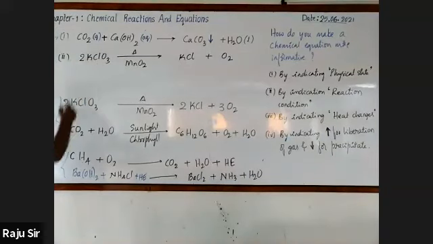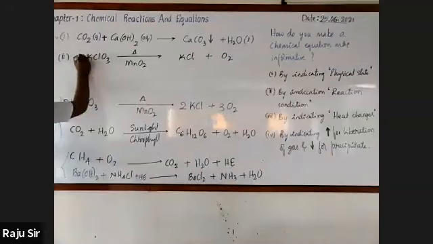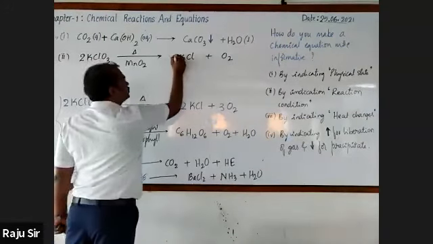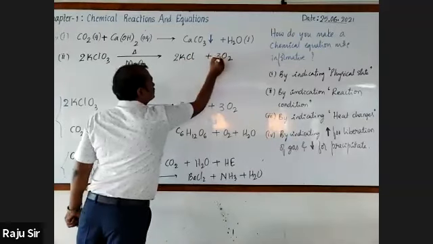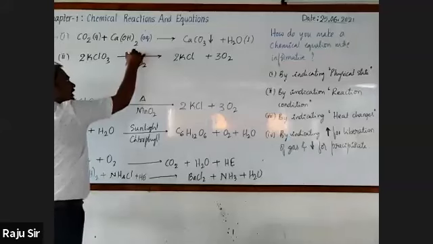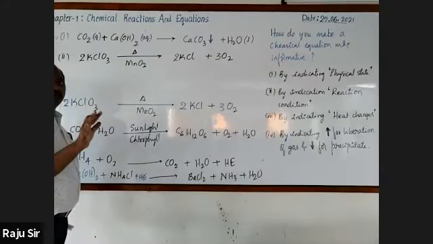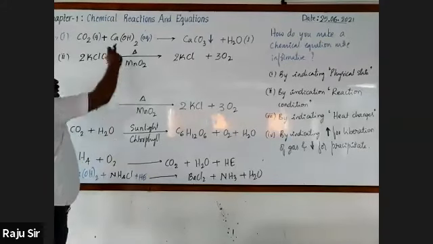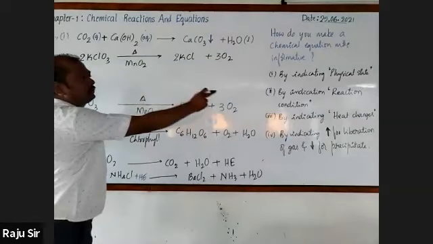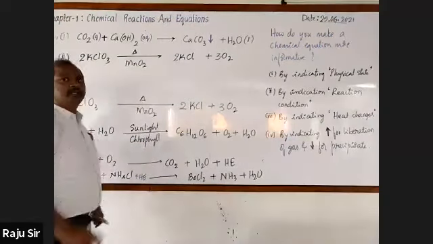Here 2, here 2, this is 3. Here we have mentioned the reaction condition. Even the physical state can be mentioned, but I am giving one example each to show physical state, reaction condition, and heat changes.